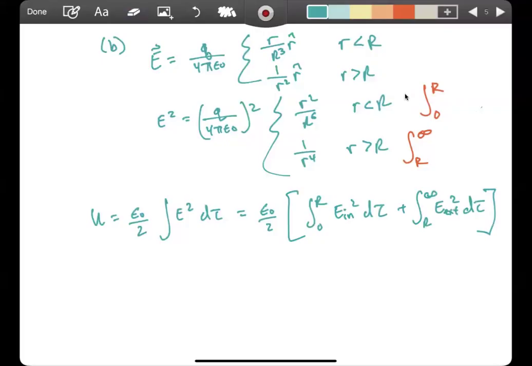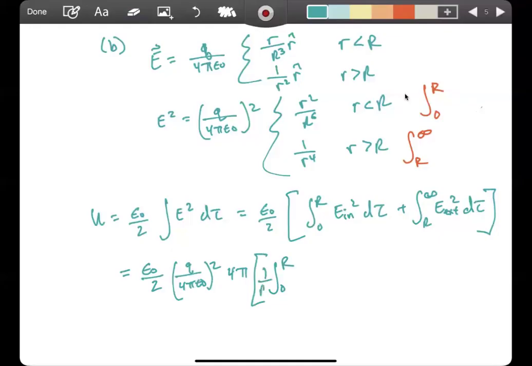So let's start putting in some steps. This is equal to epsilon naught divided by 2 times: all of the terms are going to have a Q divided by 4 pi epsilon naught, quantity squared, and all of them are going to have a 4 pi due to the volume term. Now we have the integral from 0 to capital R of the interior portion.